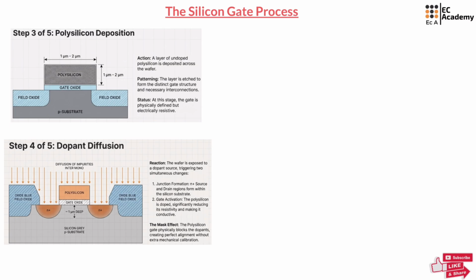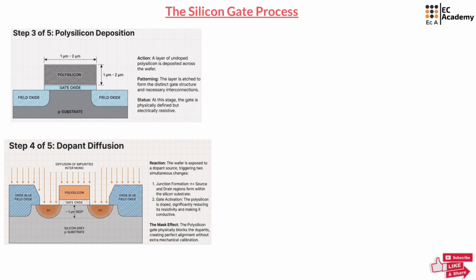In this step, the wafer is exposed to a dopant source. So when we expose the wafer to the dopant source, it will do two things. First, the region where the dopant is exposed will form the source and drain junctions in the silicon substrate.